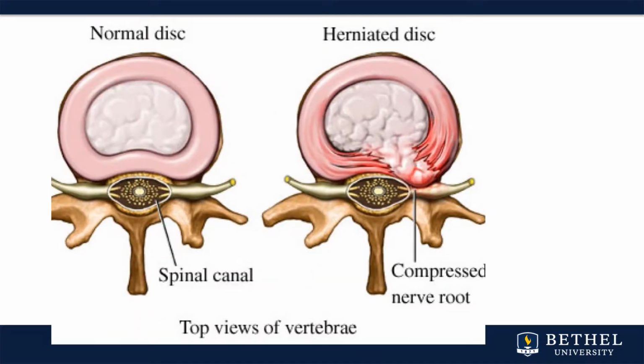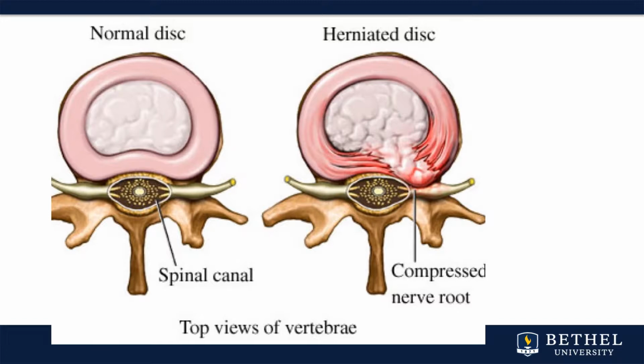All right, what are we using traction for? Typically, it's a spinal dysfunction, and oftentimes we have a diagnosis of a bulging disc or one that has progressed into a herniated disc.